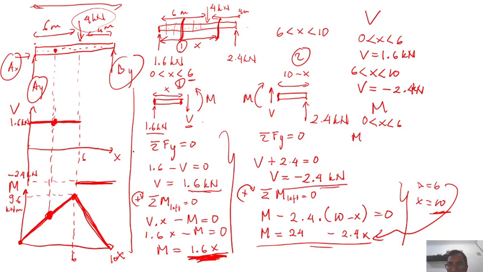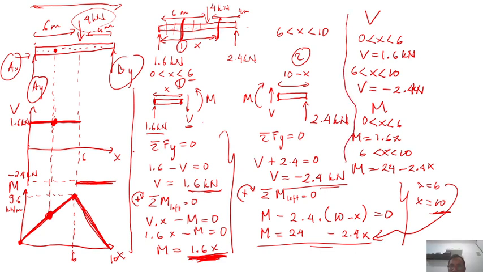Moment will be 1.6x. And from 6 to 10, the moment will be 24 minus 2.4x. That's the thing. This is the final answer.